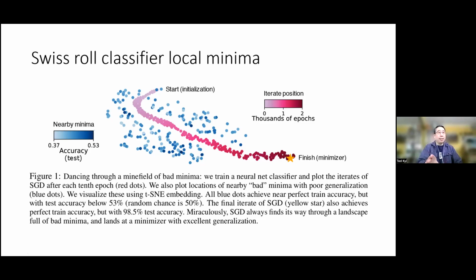But what we'll see is that these blue dots generalize to our held out test set much, much worse than the destination of our actual gradient descent.